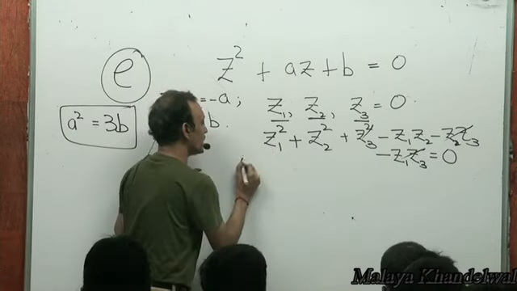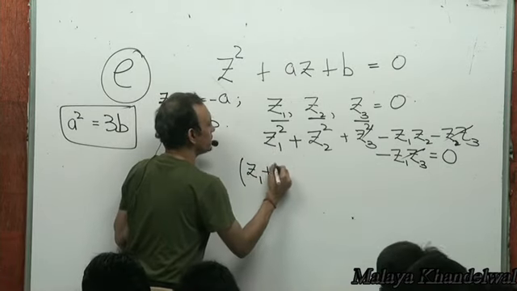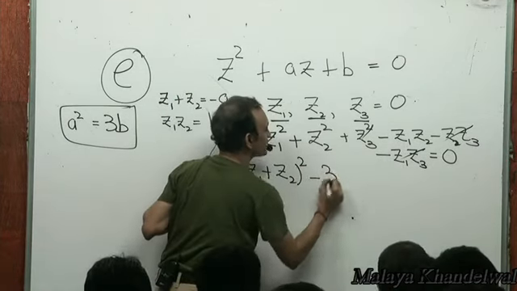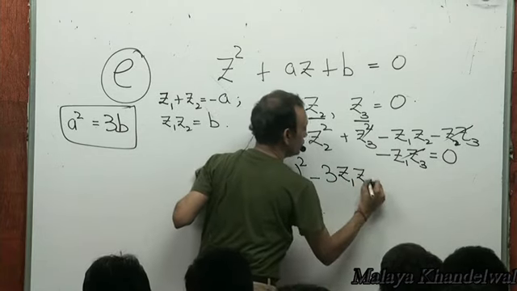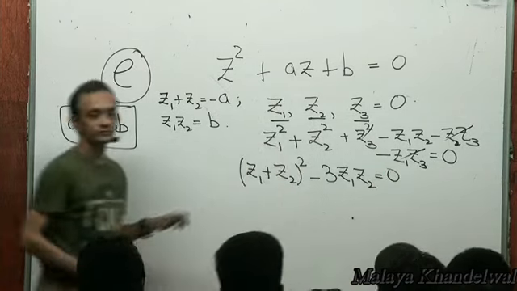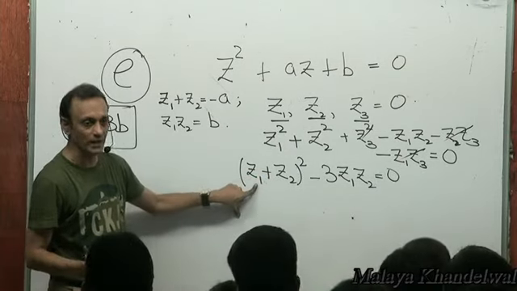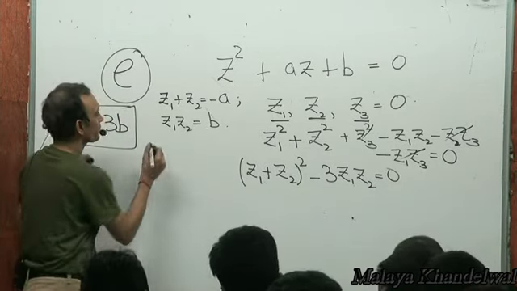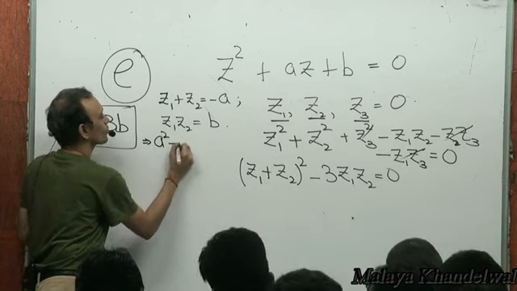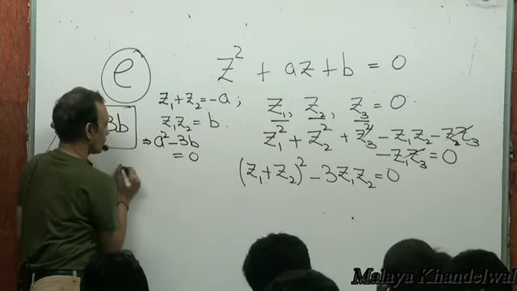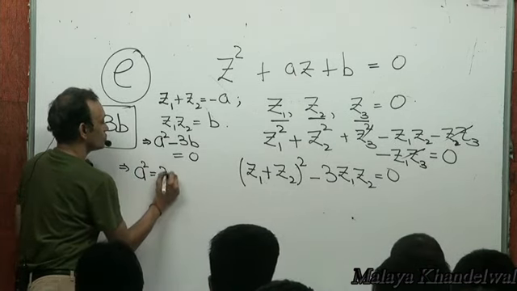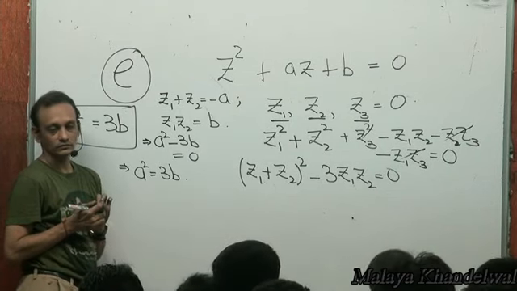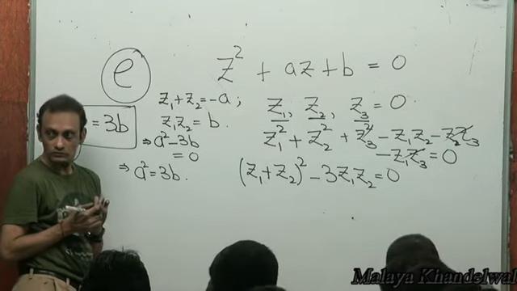And z1 squared plus z2 squared I can write as z1 plus z2 whole squared minus twice z1 z2, minus z1 z2, so that makes it minus thrice z1 z2 equal to 0, right? But z1 plus z2 is minus a, so this will become a squared minus 3b equal to 0, or a squared equal to 3b. Right?